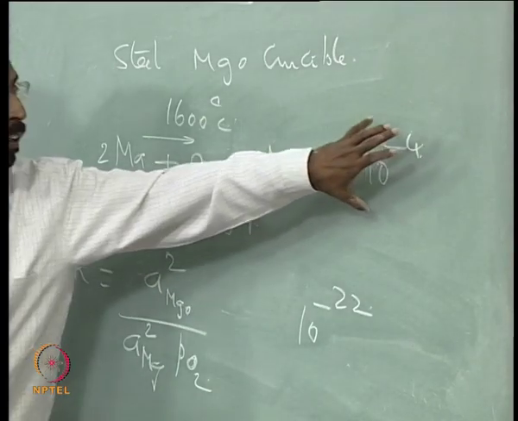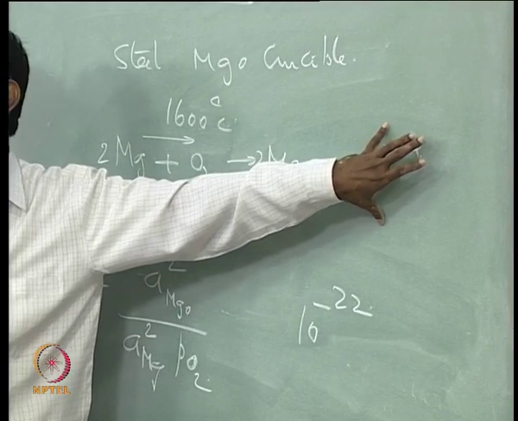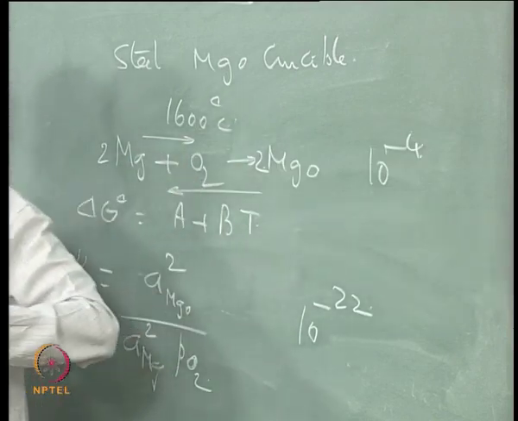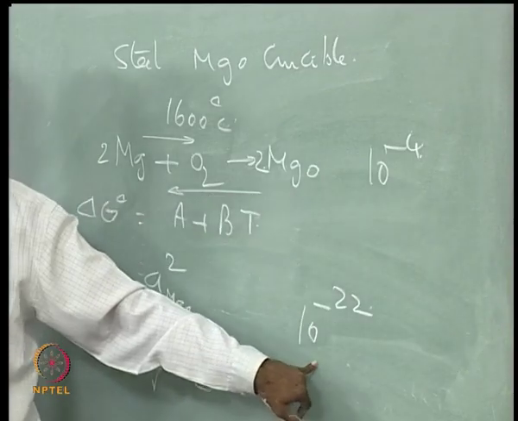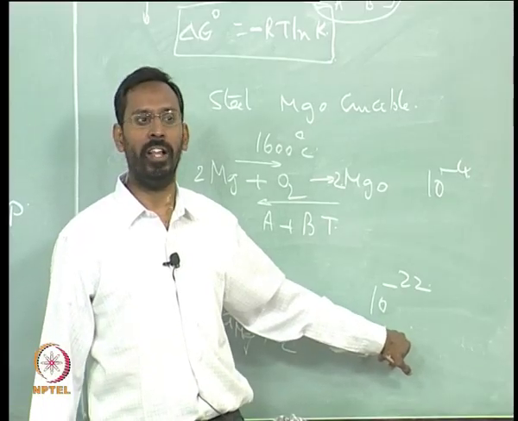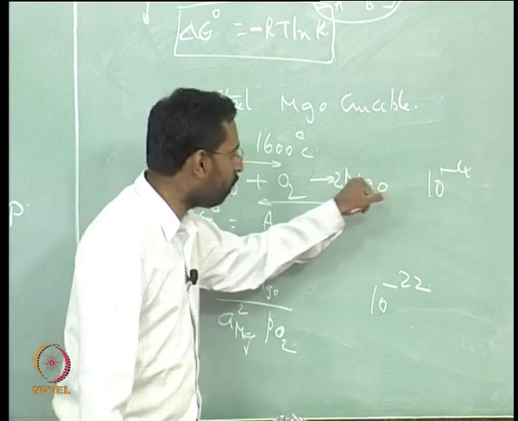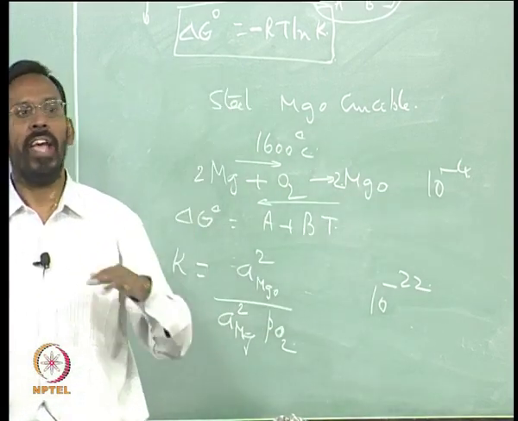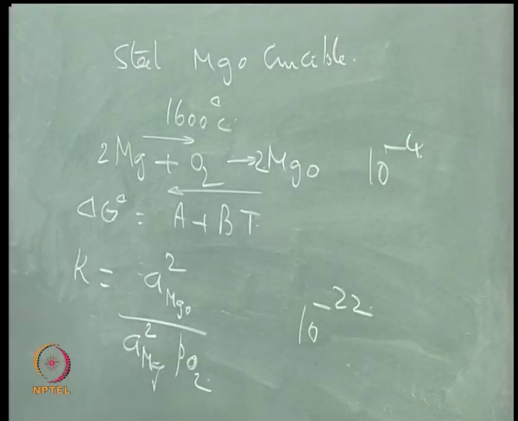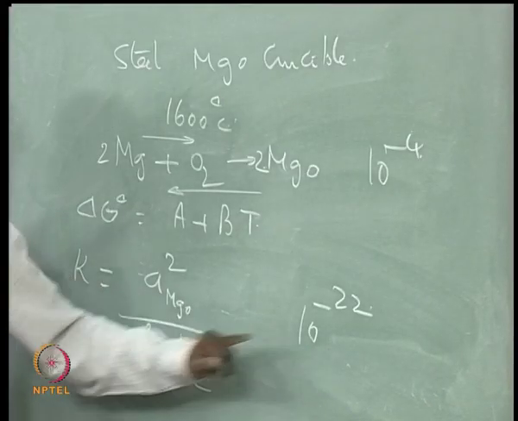As a result, at this particular vacuum level, because the actual oxygen partial pressure is much larger than the equilibrium partial pressure of oxygen, the reaction would not go in this direction, it would go in this direction, because excess oxygen is available than the oxygen partial pressure of the reaction.